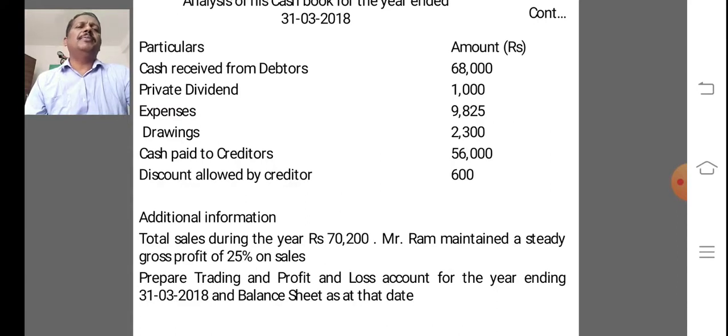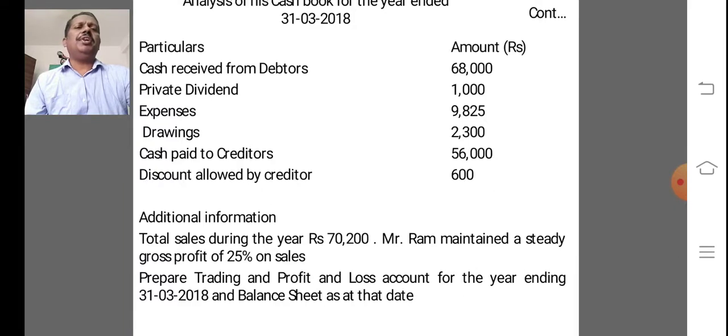Private dividend 1,000. Expenses 9,825. Drawings 2,300. Cash paid to creditors 56,000. Discount allowed by creditor 600.